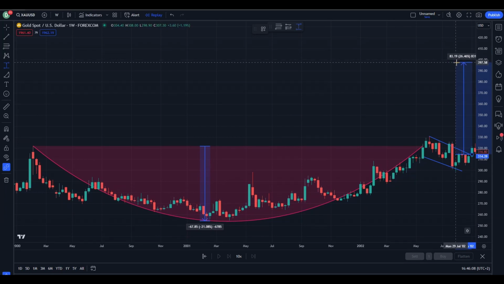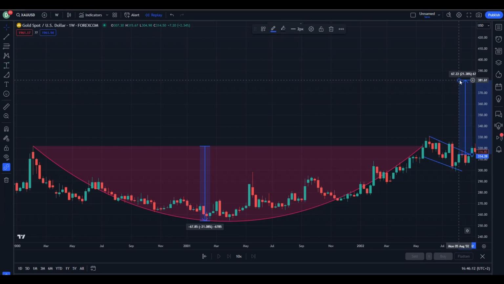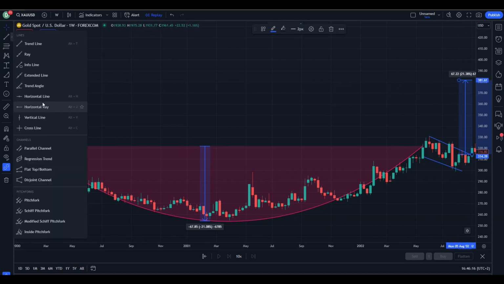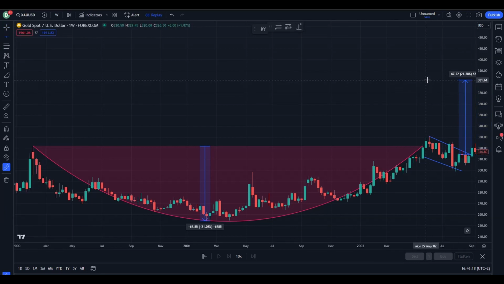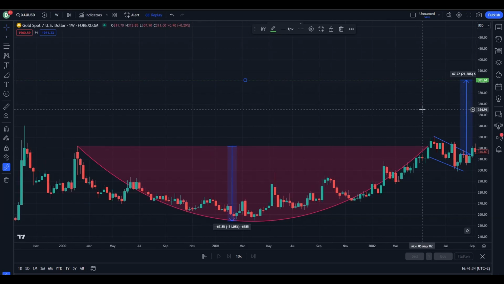Measuring it to the upside, it gives a target right around 380. Now again, back at that time, this movement was colossal for gold. To give you some comparison, it would be like gold moving today from 2000 to something like 2500 or 2600. Let us see what happened.